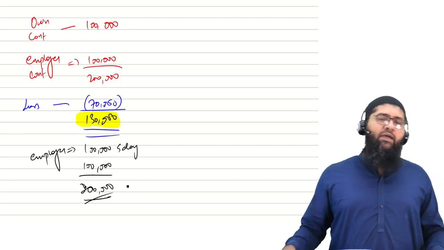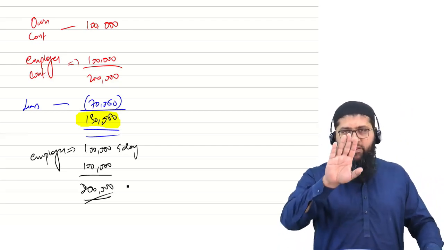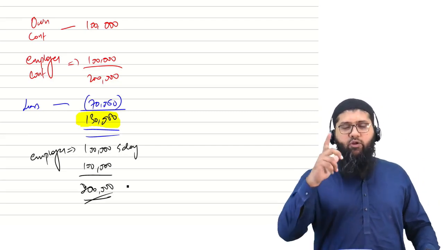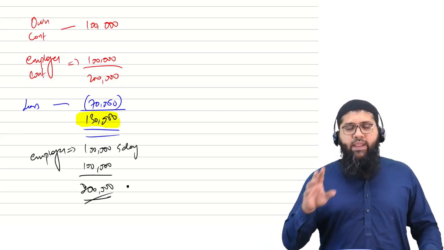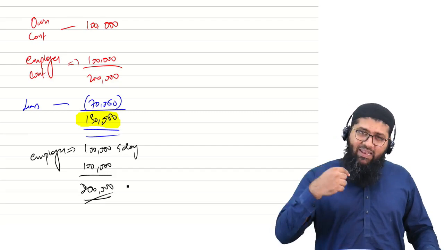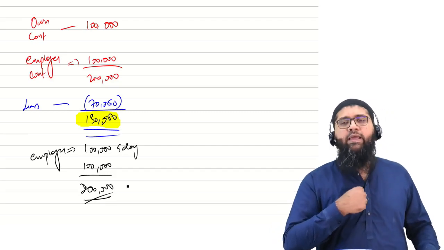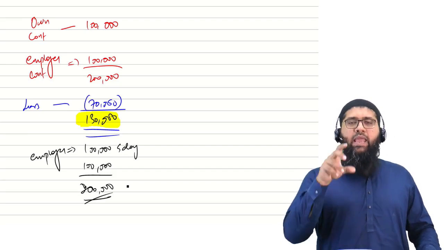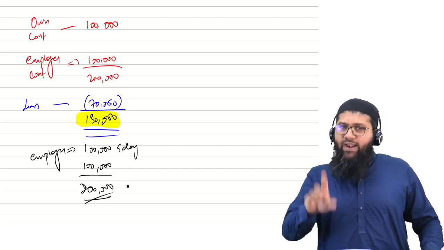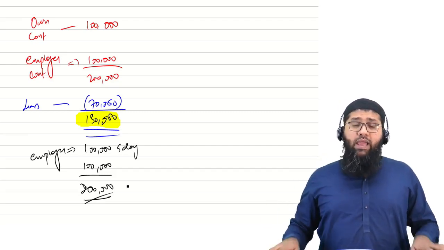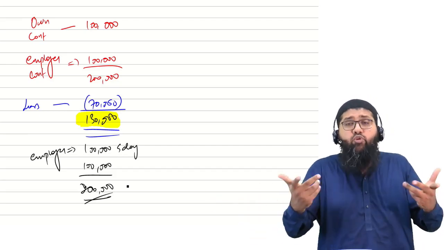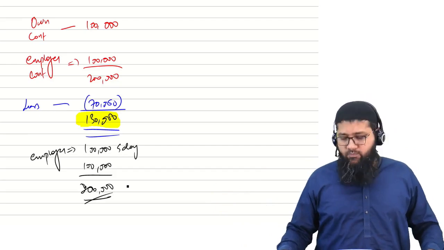So you as an employer would say, look, listen man, this Provident Fund is a defined contribution plan. And under this defined contribution plan, our responsibility as an entity is to pay an agreed contribution into this fund. And then we don't have any legal or constructive obligation to pay anything above that amount.